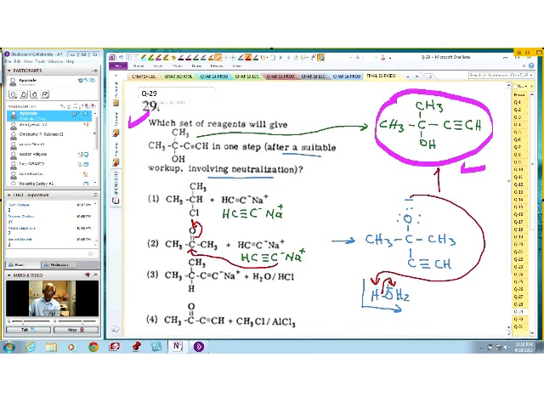And this is the product right here. So the answer here is number 2. The rest of them will not work. This is the correct answer here.